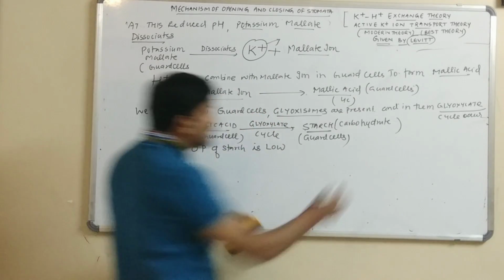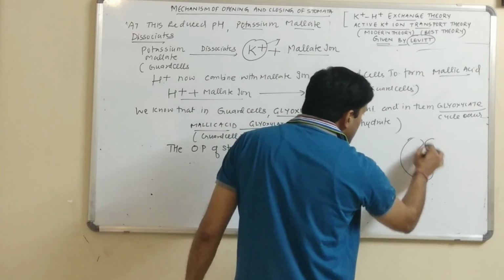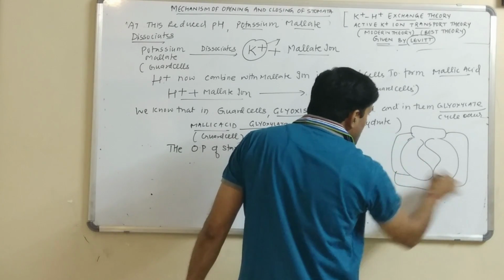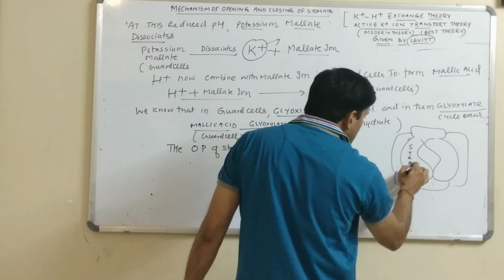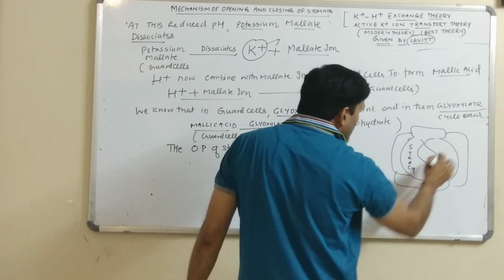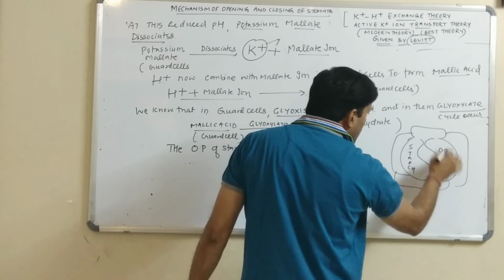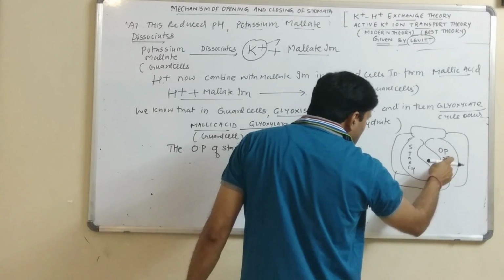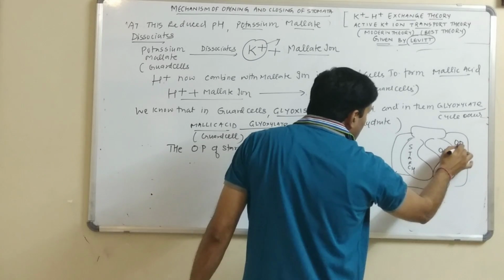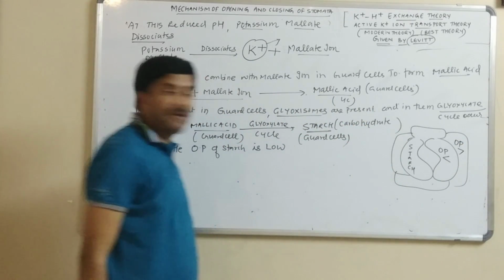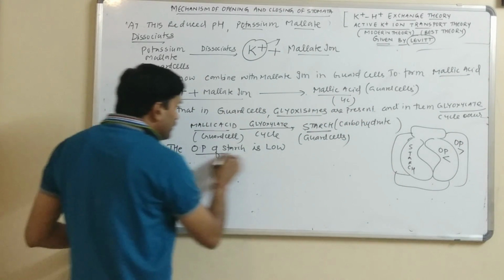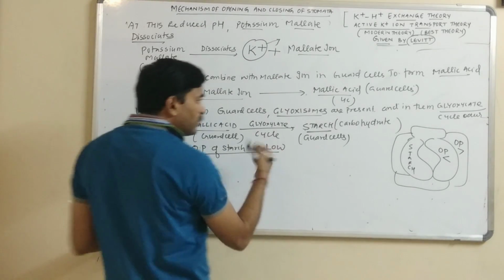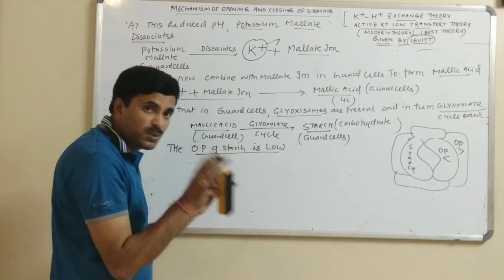But here, starch is formed, and starch has low OP. So a gradient is established. If the guard cell has low OP, definitely the subsidiary cell will have high OP. So the OP of the guard cell will be reduced.